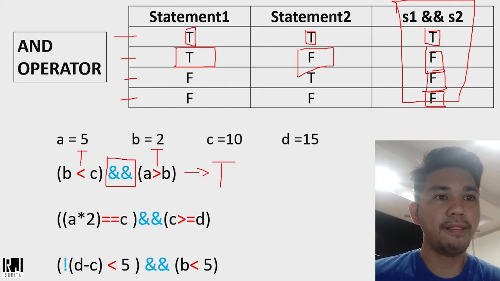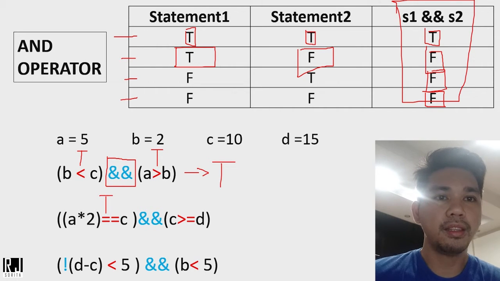Next example, we have A times 2 is equal to C and C greater than or equal to D. Now let's evaluate first the inner parentheses. A times 2, so 5 times 2 is 10. Is 10 equal to C, which is also 10? So this one is true.